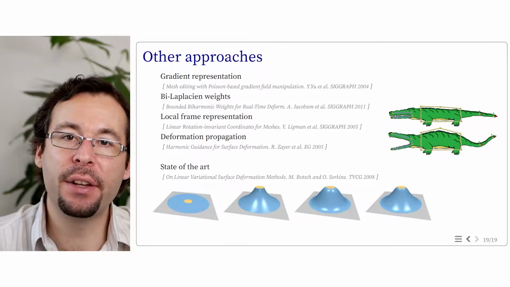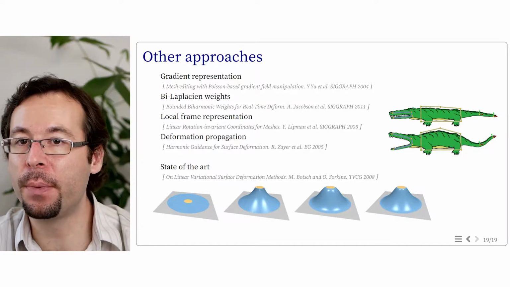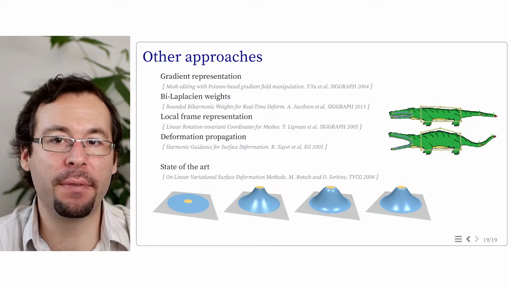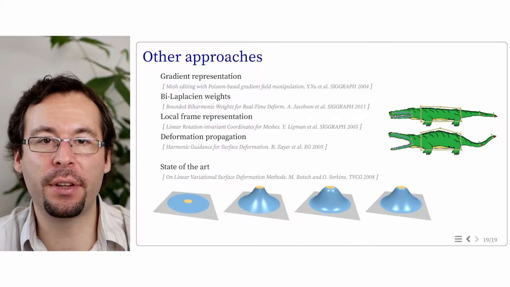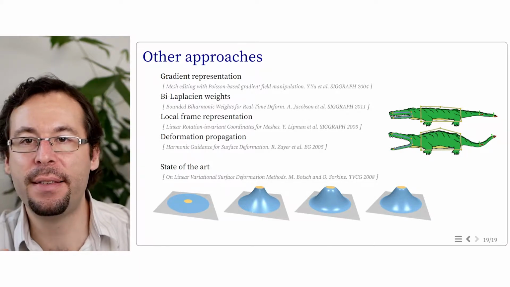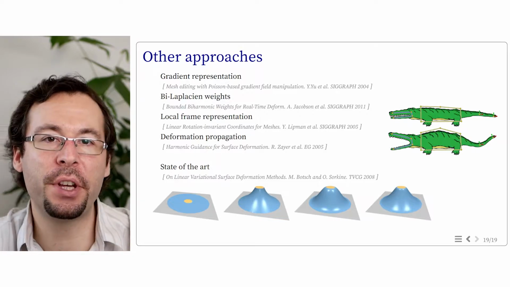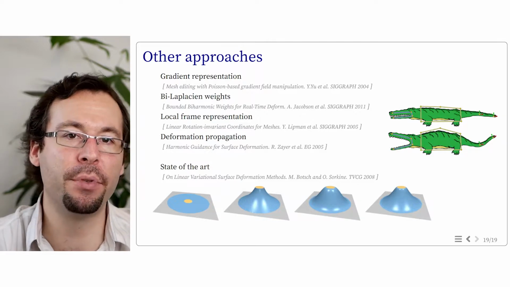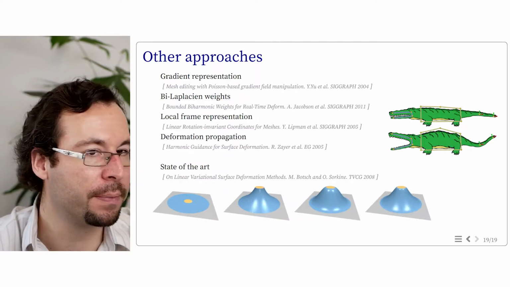And here is a slide on various other approaches to deform surfaces smoothly, as the Laplacian deformation is only one of them. There have been approaches based on gradients, which is another way to represent differential coordinates. Similarly to the cage deformation, the use of bi-Laplacian instead of Laplacian can help to reach even smoother deformation.